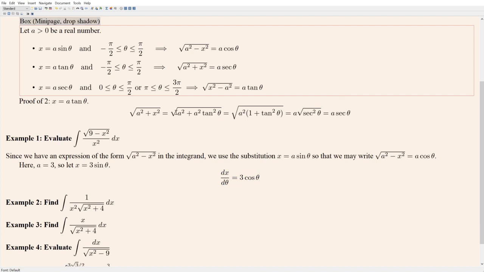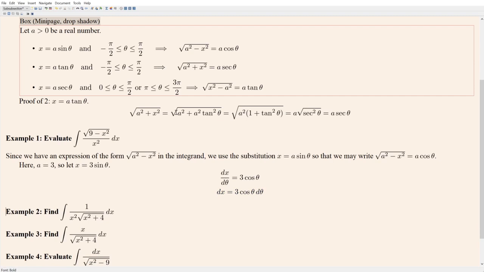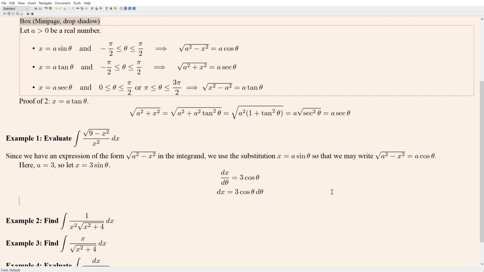Consequently, we need to solve for dx. Well, that's easy. dx is just 3 cosine theta d theta. Like so.